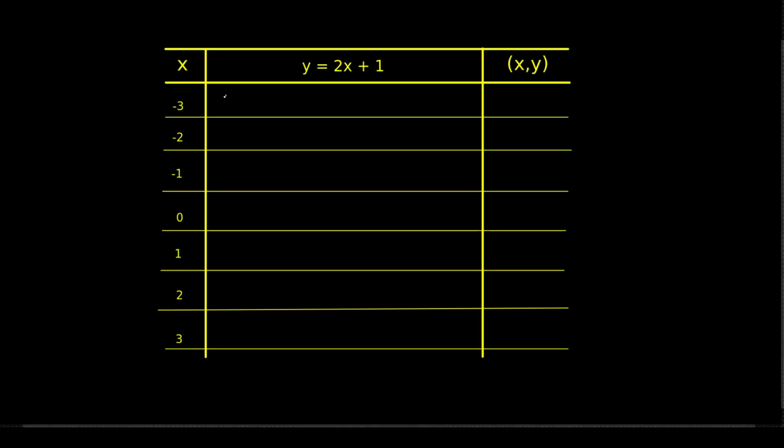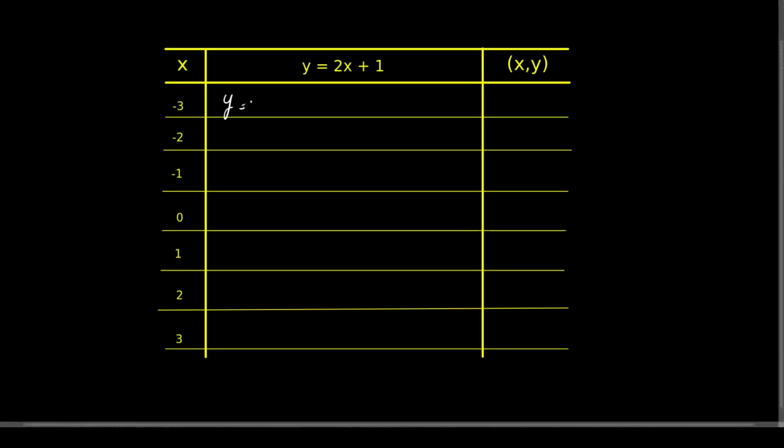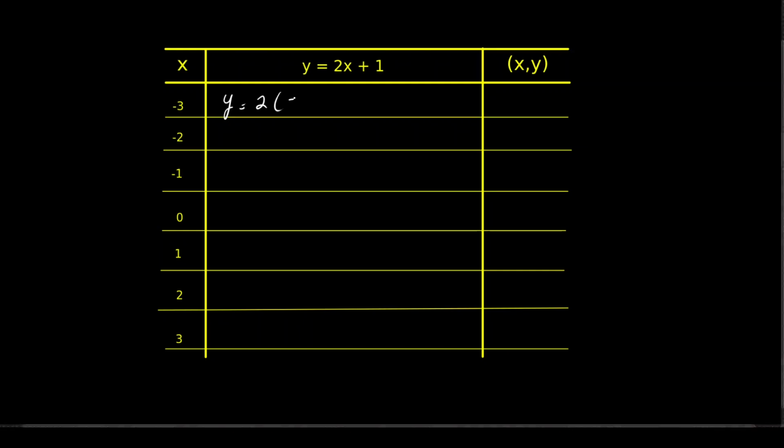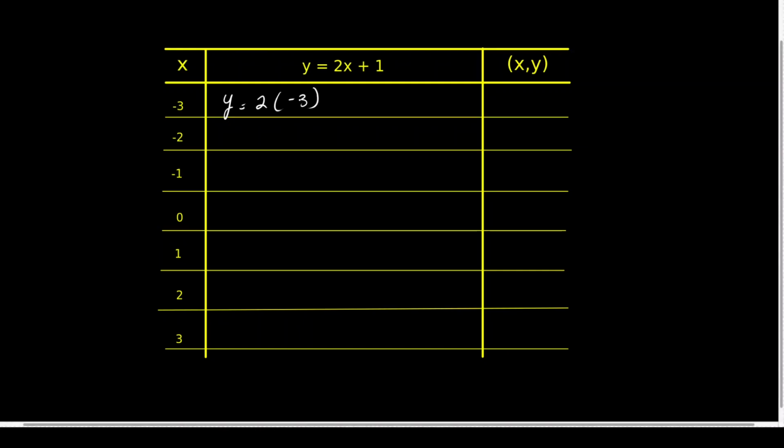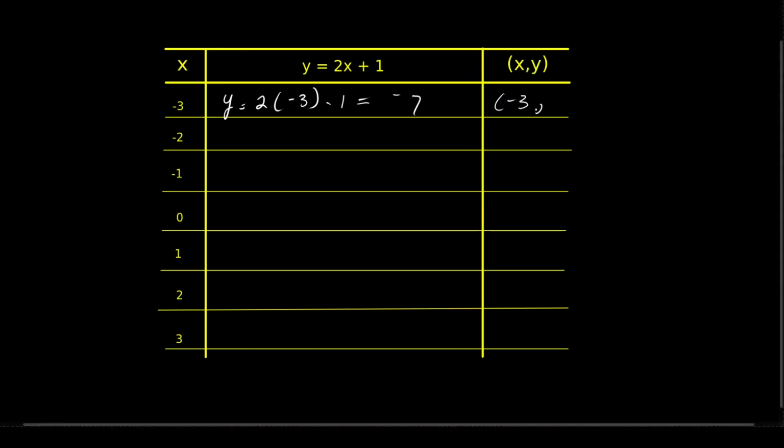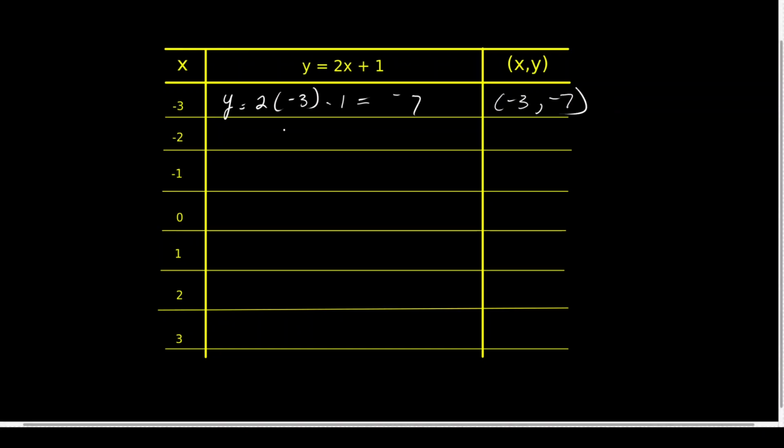So you would say then that y would equal 2 times -3 minus 1, and 6 negative, that'd be a -7. So you would write -3, -7, and you repeat this several times to come up with a graph. Well, let's do it on the calculator instead of doing it the hard way.